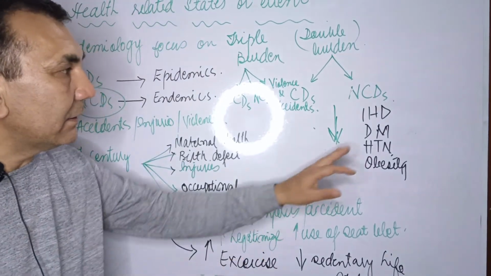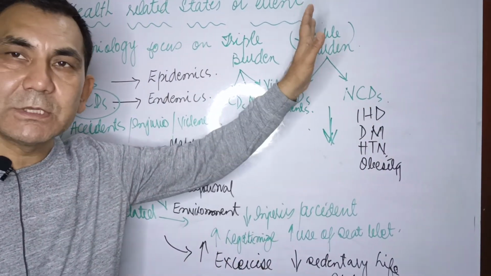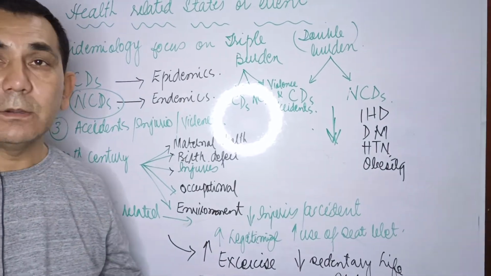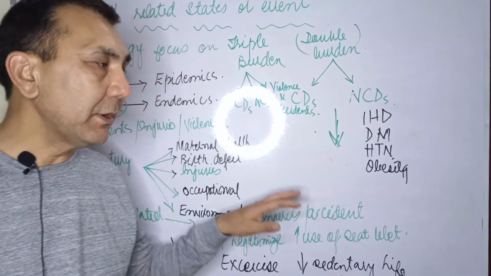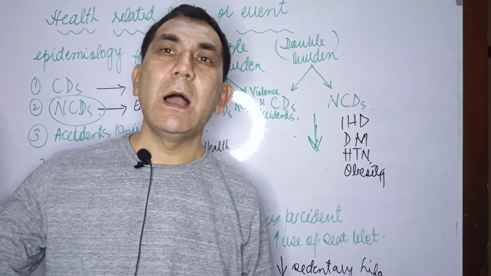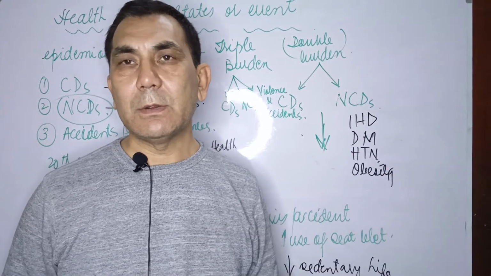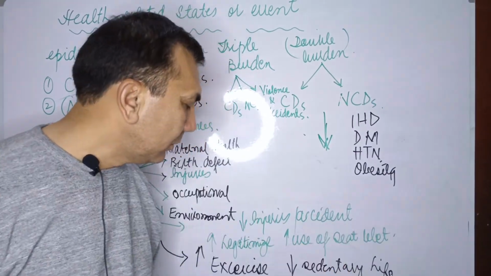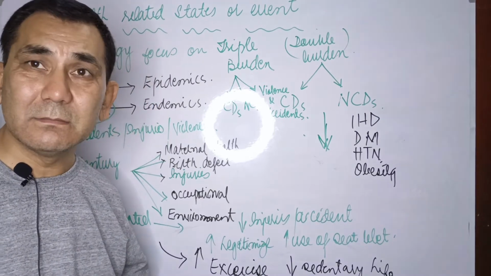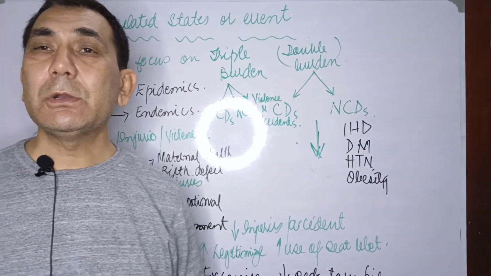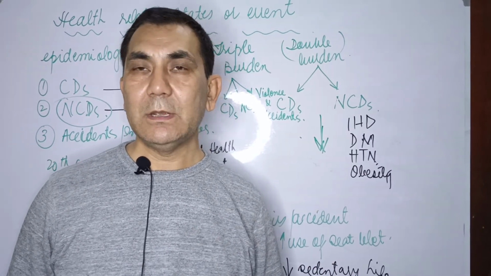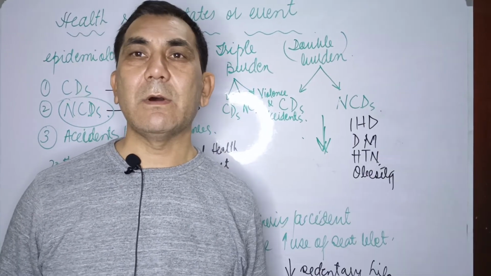So that's why non-communicable diseases become much lower in the developed countries as compared to the developing countries. In the developing countries, the burden of communicable disease is much higher as compared to the developed countries. Even though they are doing the exercise, the non-communicable burden is still quite high in the developed countries. There is another factor behind that.